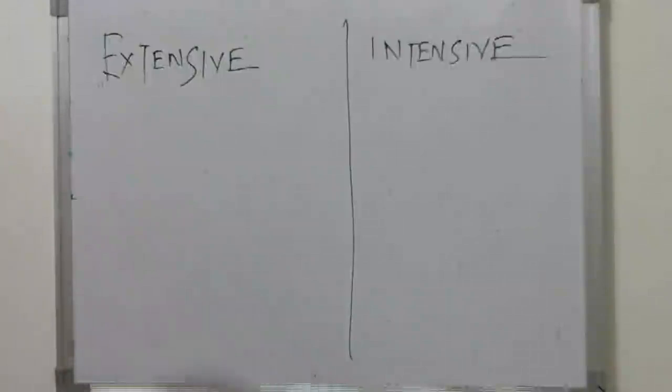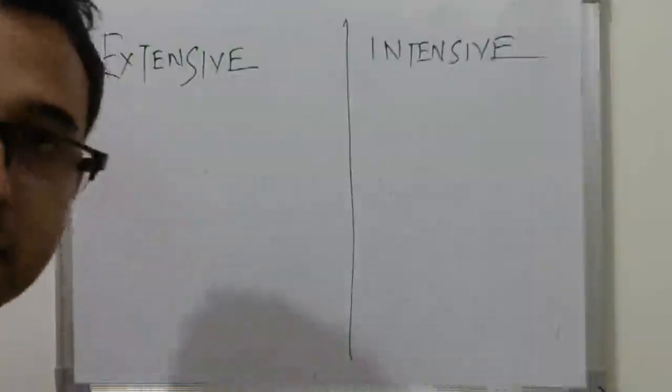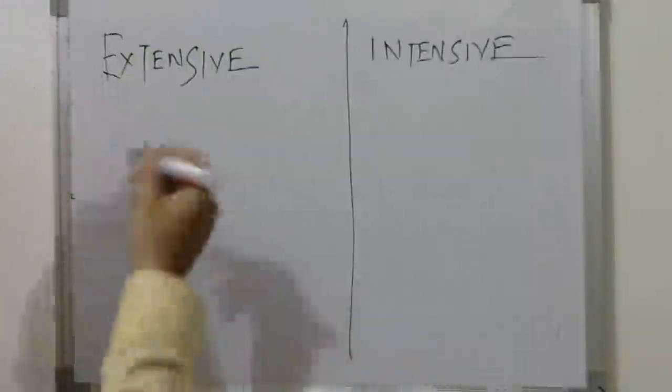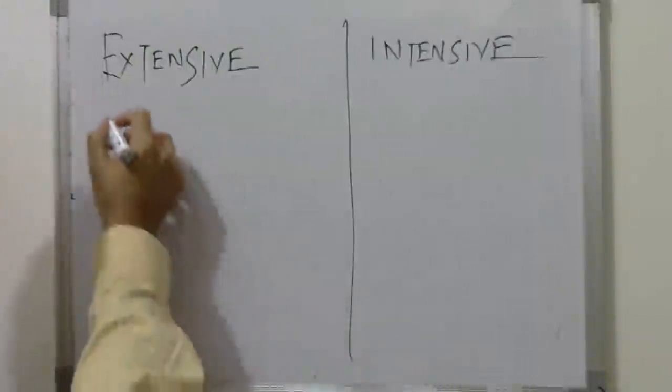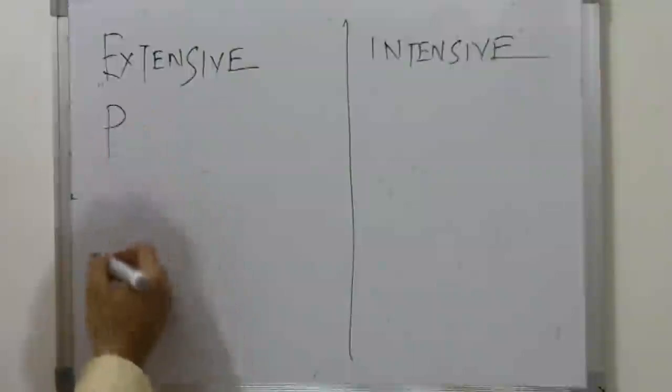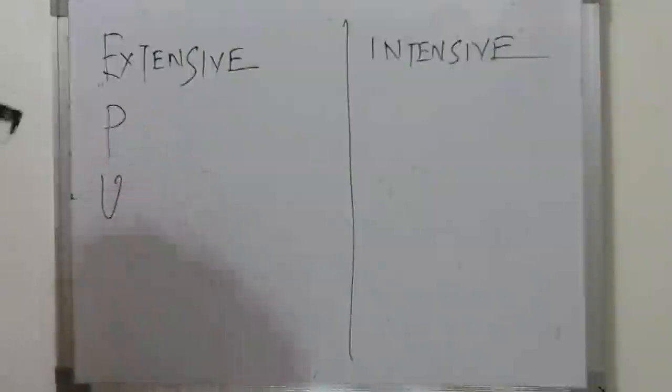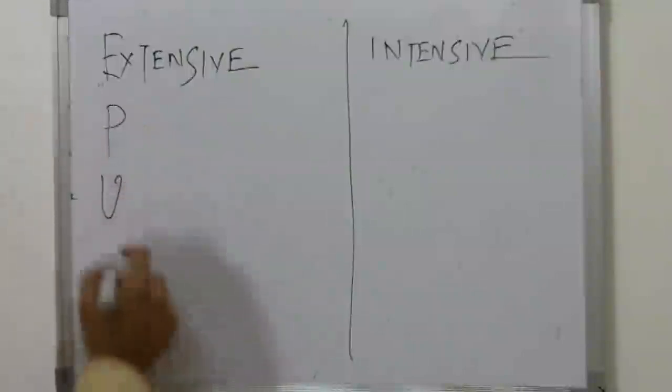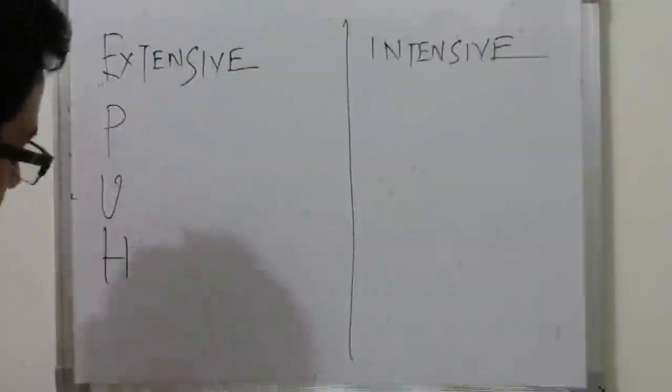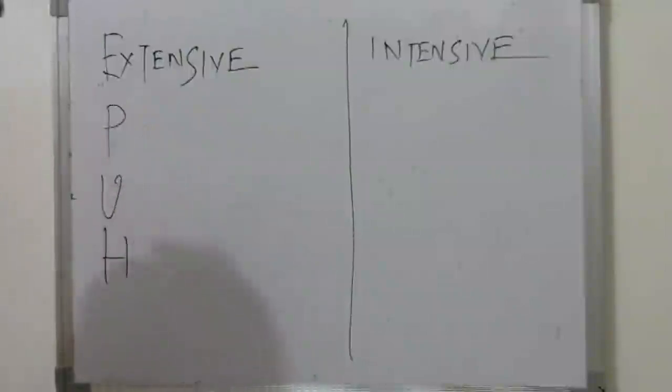So for example, if you are talking about the entropy or enthalpy or energy, anything. So let's say you are talking about the pressure of the system. You are talking about the volume of the system. Okay? You are talking about enthalpy of the system. You are talking about entropy of the system.